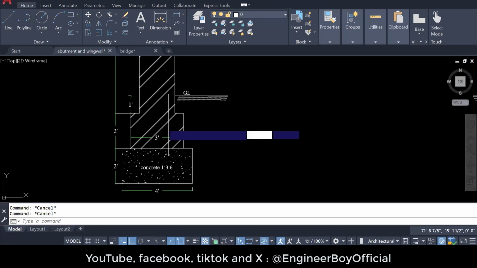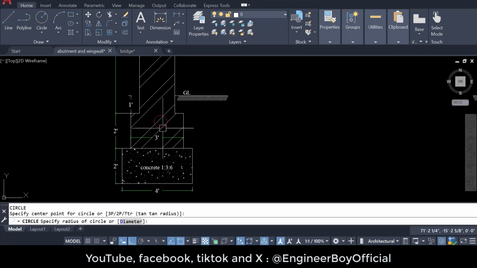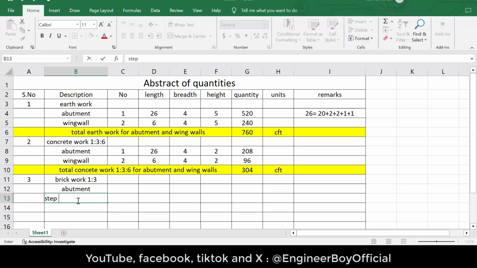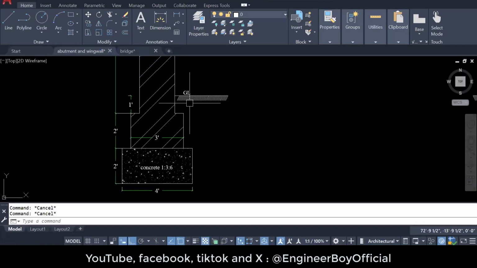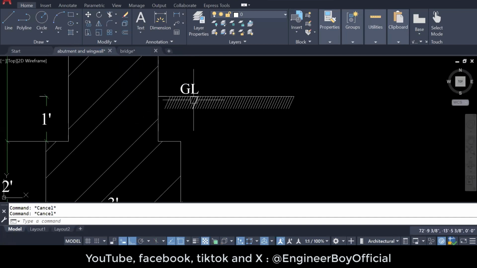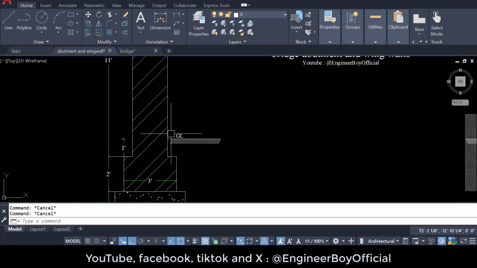One is this one, another one is this one. So we have to take two steps, and because of that, I'm going to say step 1 and step 2. You can also label these in the same Excel as the brickwork below ground level and then the brickwork above ground level.